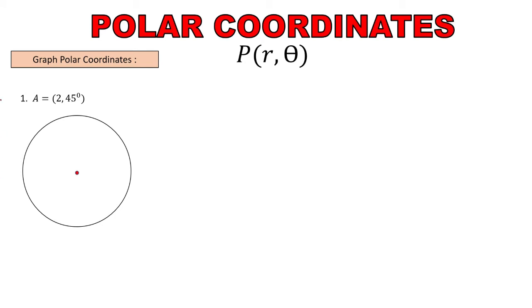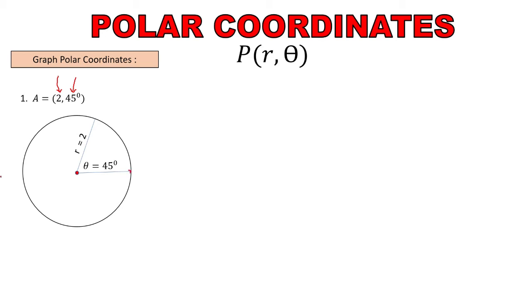Remember, the first value is the measure of the segment, and the second is the angle. I need to make a graph in the polar coordinate system.